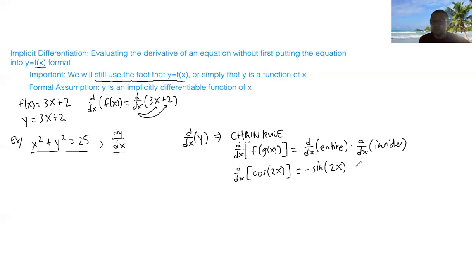Leave it alone. Now you're going to multiply this by the derivative of just the stuff on the inside. So just the derivative of 2x, which in this case is just 2, if you use the power rule. And when you multiply together, you get negative 2 sine of 2x, okay?